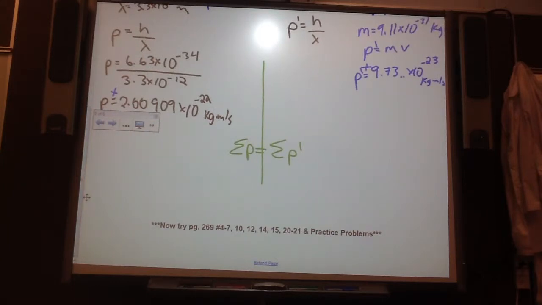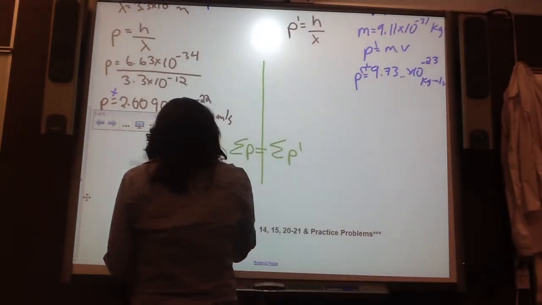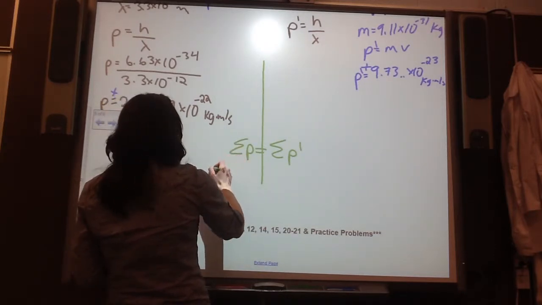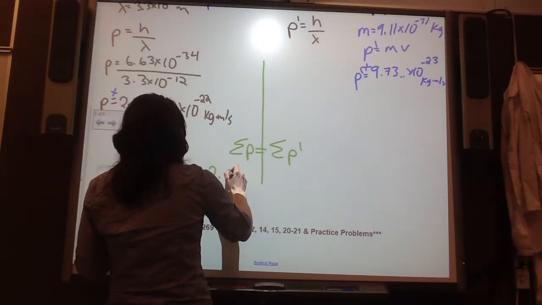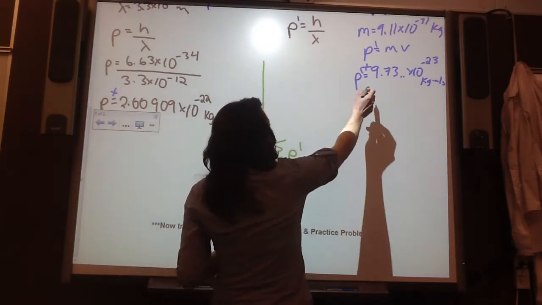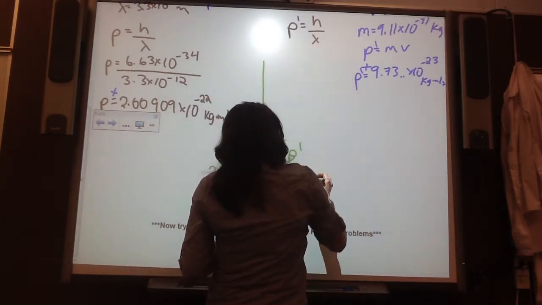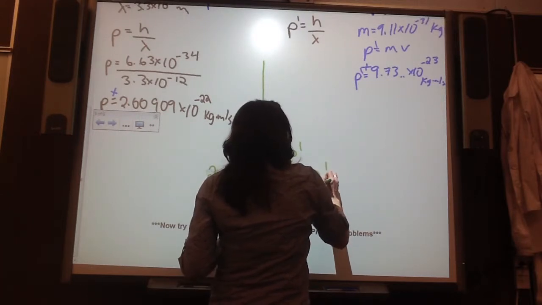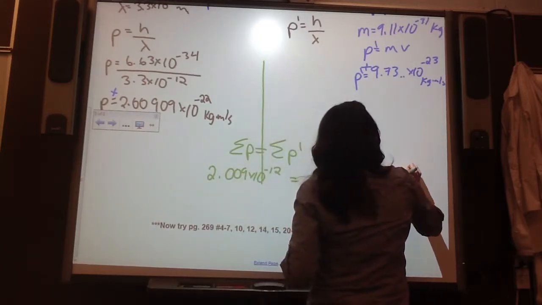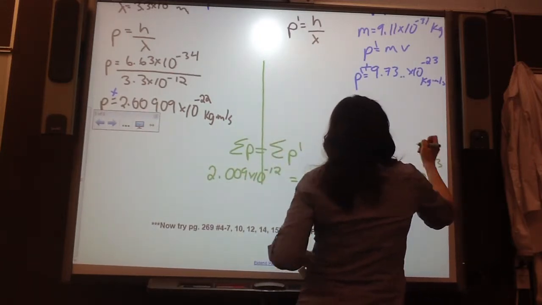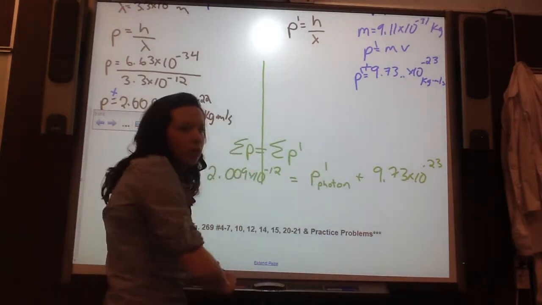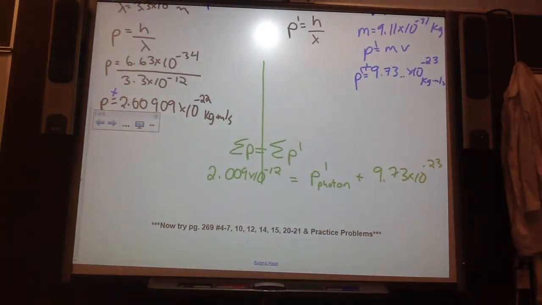So if we break that down a bit, our sum before is only the one over here, so 2.009 times 10 to the negative 22 is equal to the sum of our electron plus our photon, which we're looking for. So P of the photon plus 9.73 times 10 to the negative 23. So what we'll have to do is take this value minus that value to get our P of our photon.